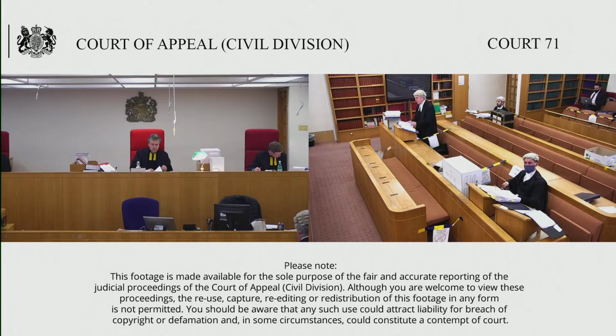Can I just deal very briefly with the point he makes? He made it rather late in his oral submissions. He makes it first in his written submissions. It's a point that I think can be disposed of quite quickly. That the judge wrongly applied the test of the risk of irreconcilable judgments.